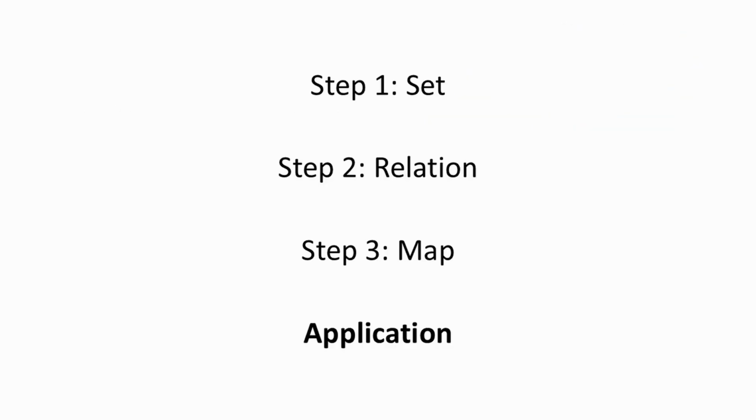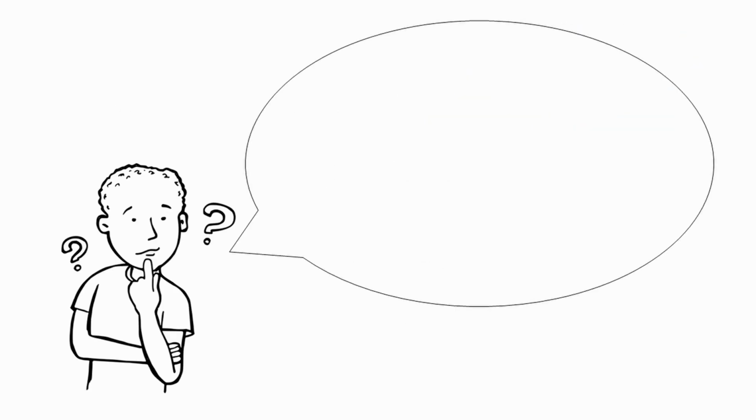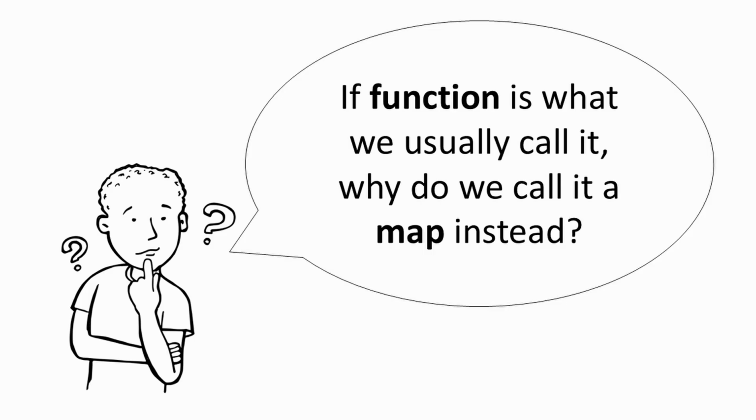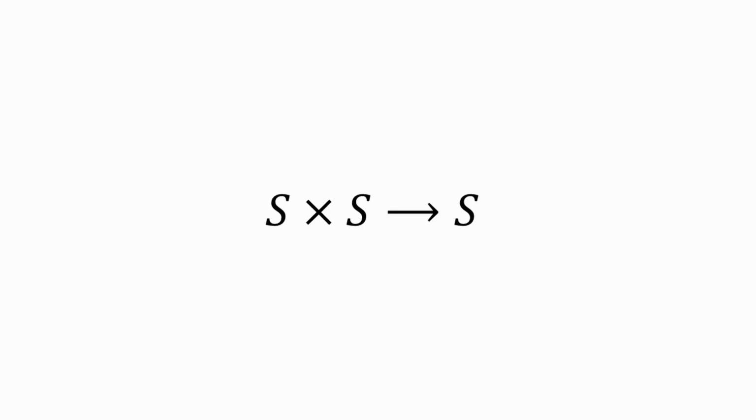Step 4. Application. You may want to ask, if function is what we usually call it, why do we call it a map instead? To answer your question, let's go back to the string of symbols that appeared at the beginning of the video. We can see that it is a map from S Cartesian product S to S itself.